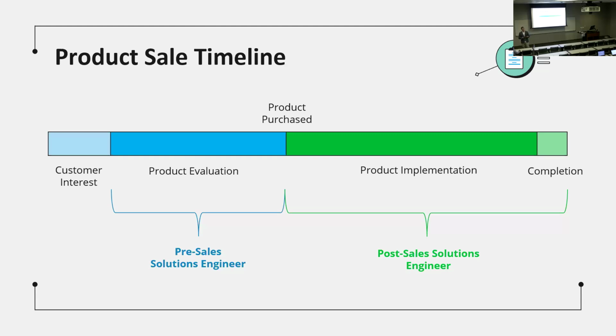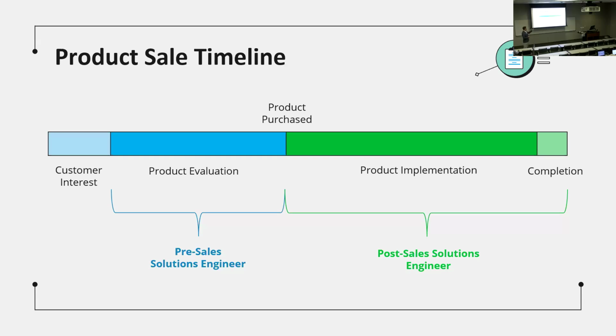So let's take one of the other examples I was showing, Scale AI. Well, let's take Scale. If a customer is evaluating Scale for their data classification, the pre-sales solutions engineer would help show them that Scale beats out all the other competitors, and that Scale is going to have the throughput and the quality of data validation that they need.